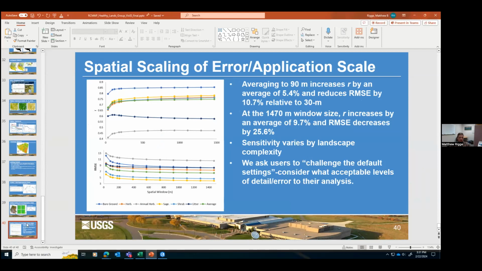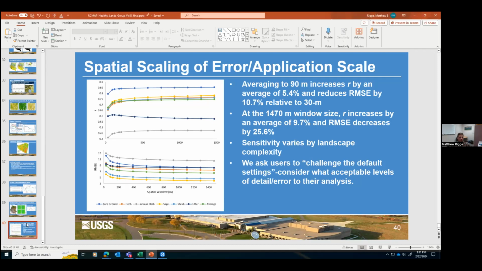But I would also say that if you have the potential of looking at a broader scale, you're going to see accuracy increase. I would use the analogy of, if you're trying to characterize a 10,000 acre pasture, you wouldn't use a single field observation to do that.